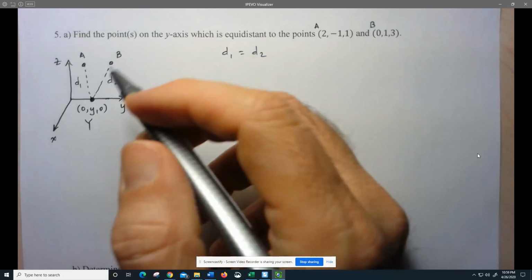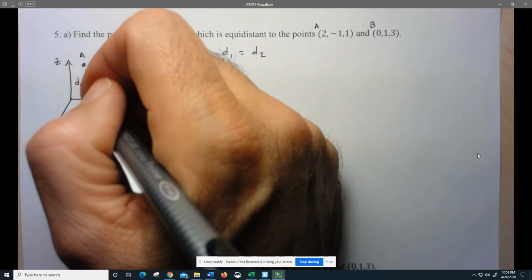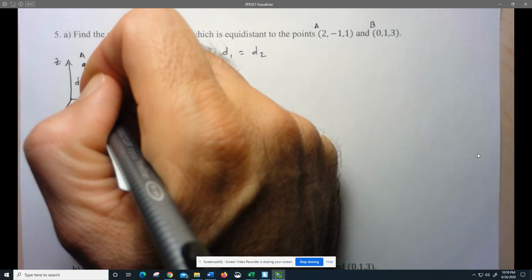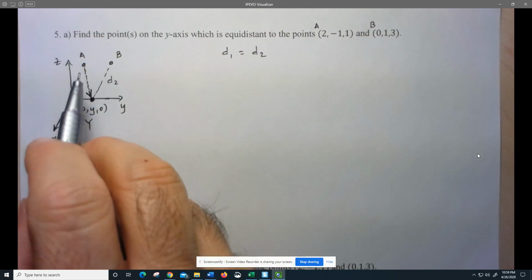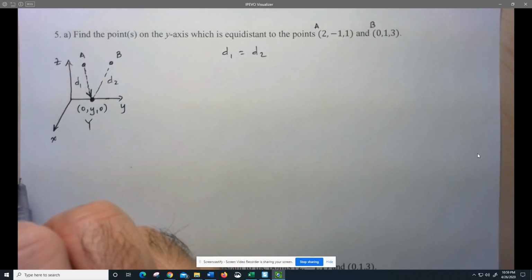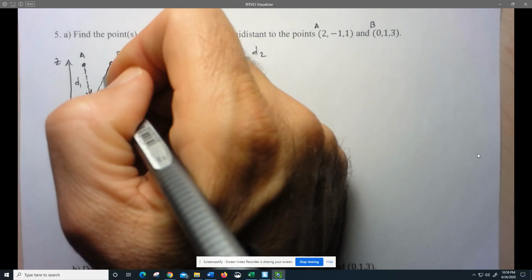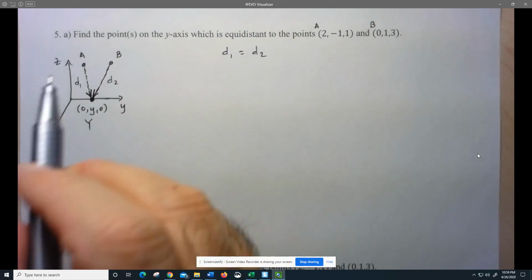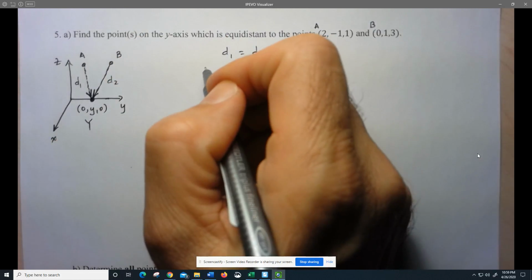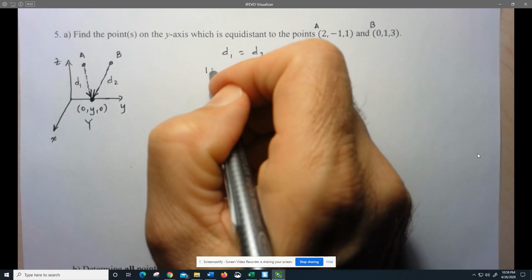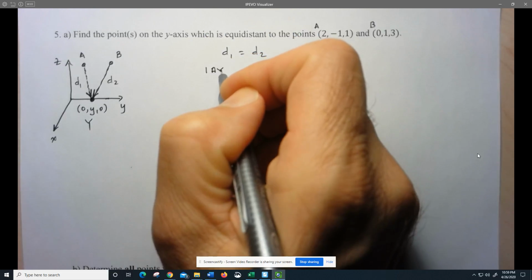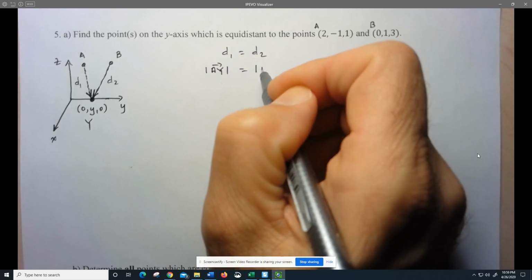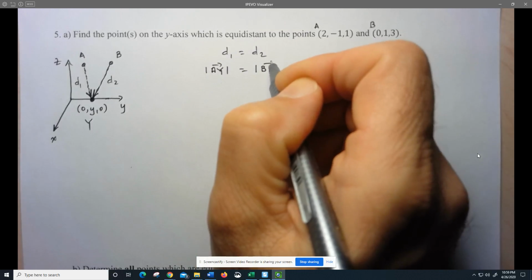So instead of coming up with a separate distance formula, I'm just going to create a vector from A to Y. Now I'll talk about in a second why I did A to Y and not Y to A. Okay, and I'm going to do the same thing here. Create a vector from B to Y. And distance D1 is just the same as the magnitude of the vector AY. And D2 is just going to be the magnitude of the vector BY.